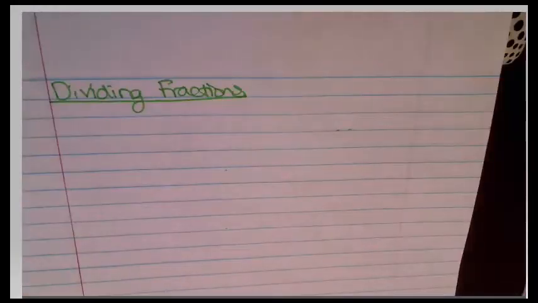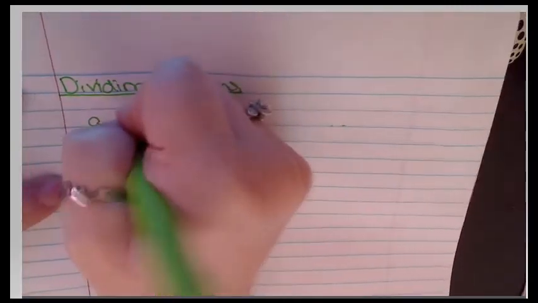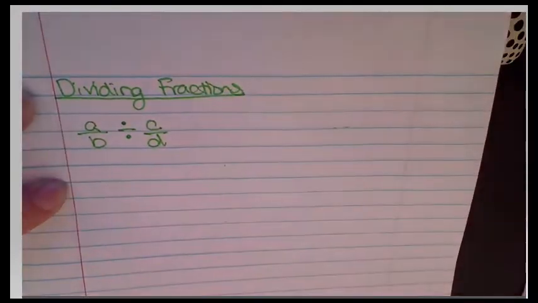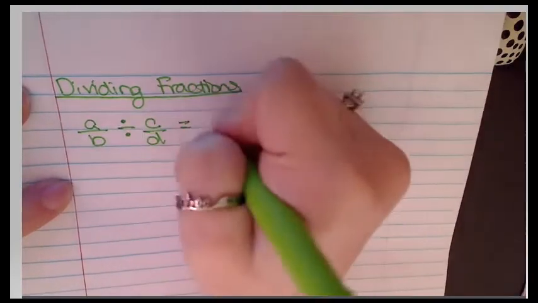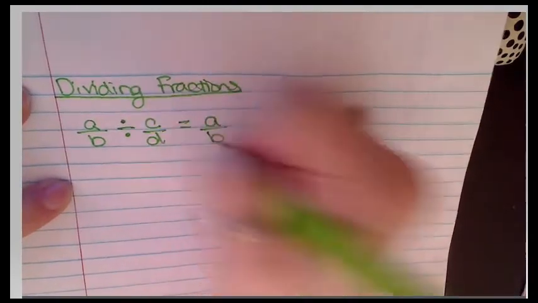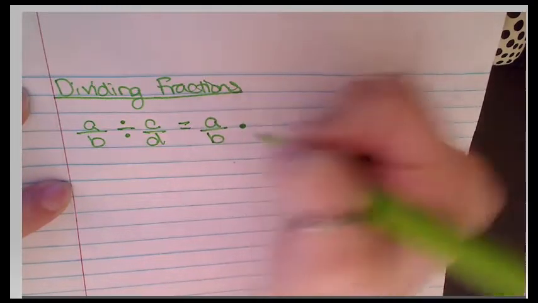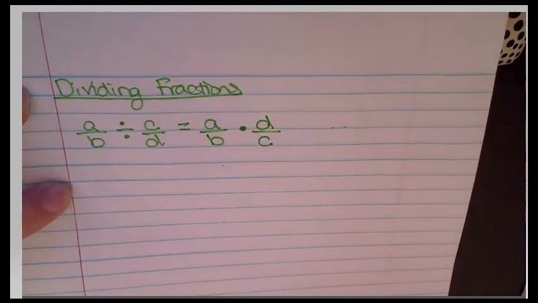When it comes to fractions, dividing fractions is going to be the next easiest thing after multiplication. So let's get the generic form out again. We're going to have A over B, and we're going to divide that by C over D. Now these always look really yucky, but they're not as bad as you think, because for your next step, with A over B, we're going to switch that sign to multiplication, and we're going to flip that second fraction.